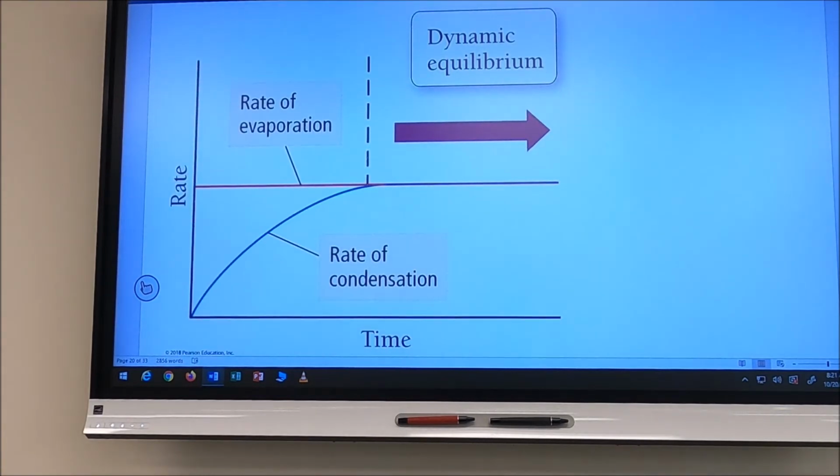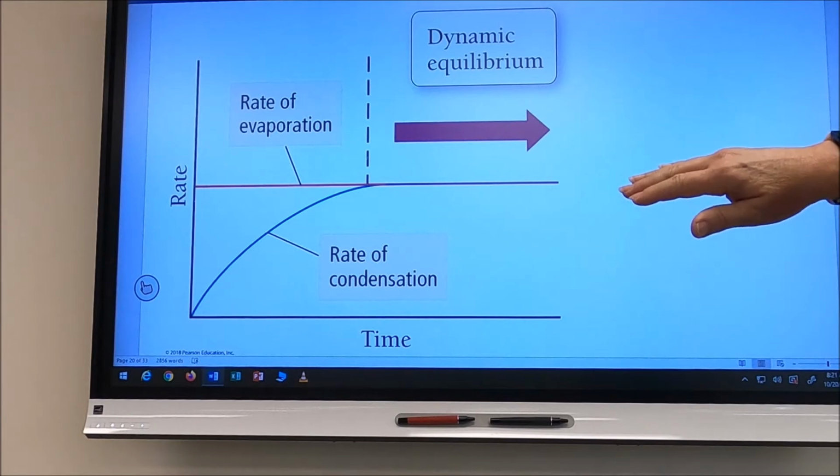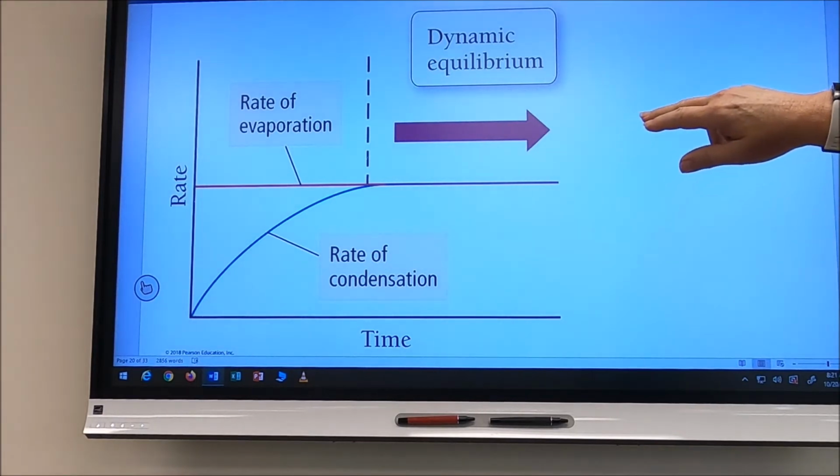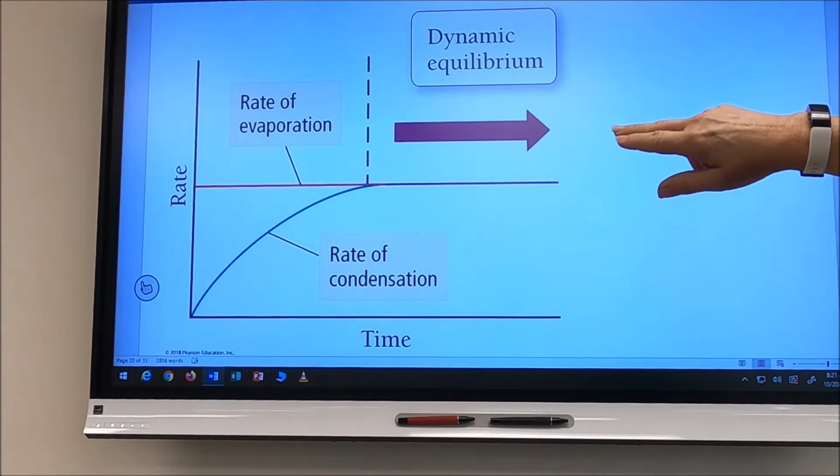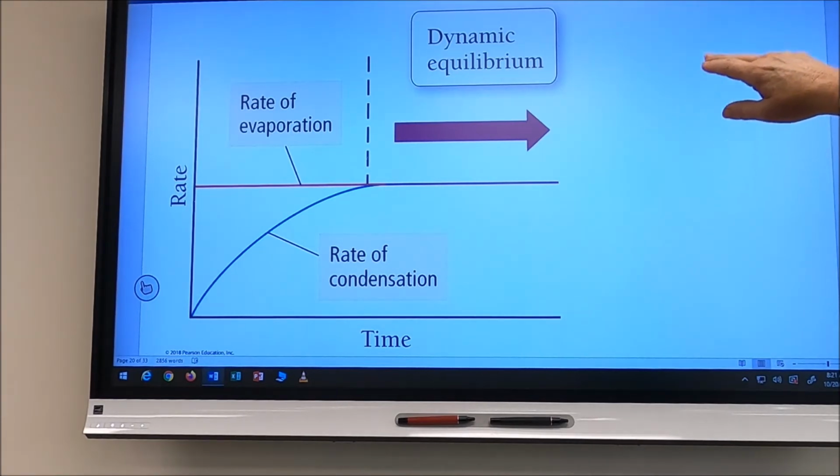Now, if we look at the rate of evaporation, okay, the rate of evaporation is constant, but notice as the concentration of gas particles goes up, over time the rate of condensation increases, and dynamic equilibrium, just to reinforce, is when those 2 processes are going on at the same rate.